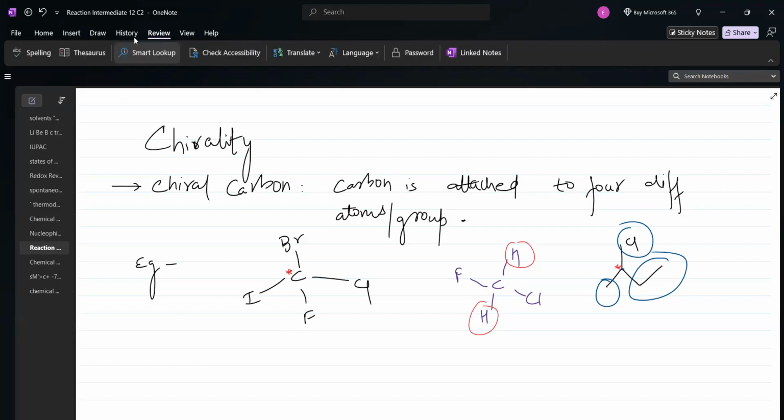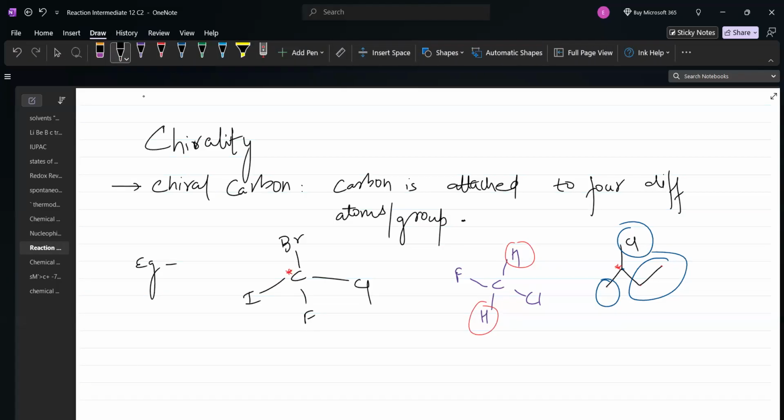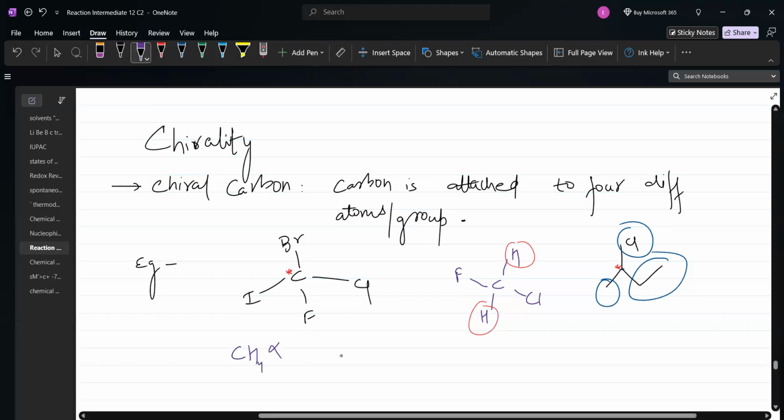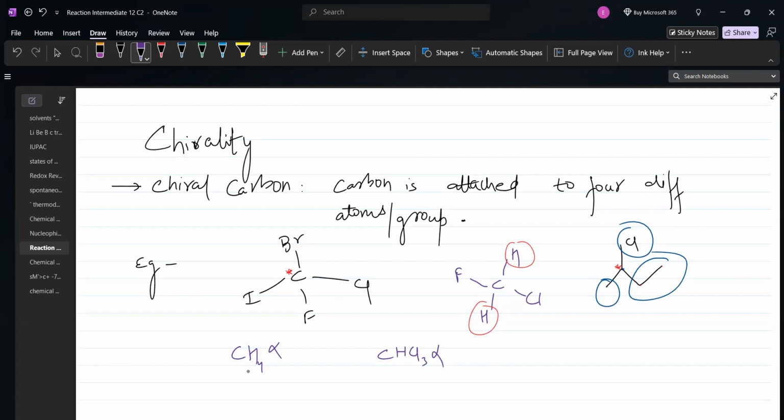Yes, sir. For example, CH4 is also not chiral. Chloroform, CHCl3, is also not a chiral carbon. Sorry, CCl4 is also not a chiral carbon, right? Yes, sir.